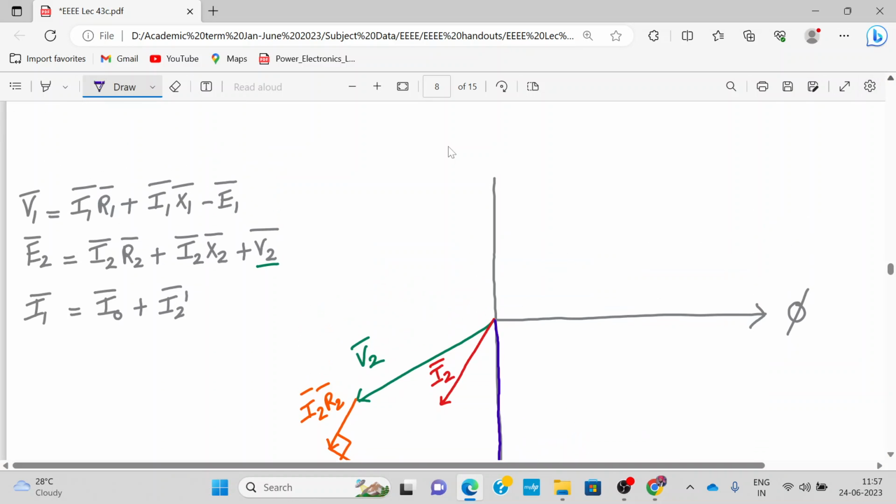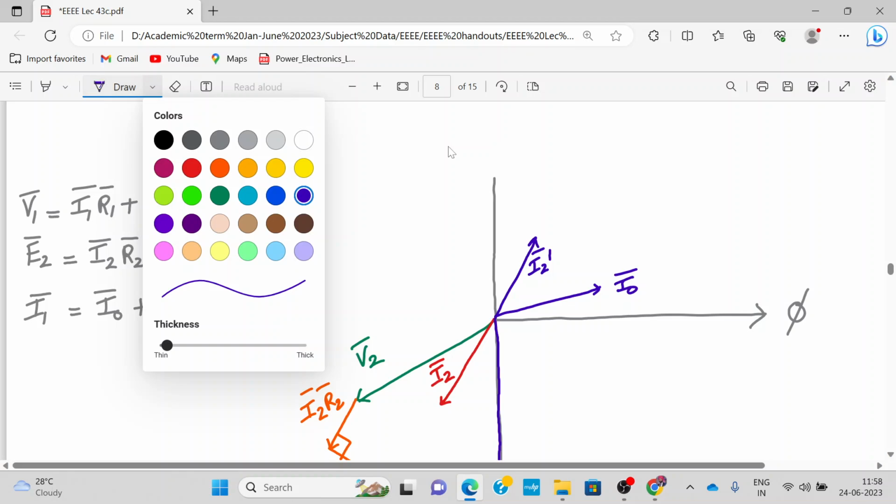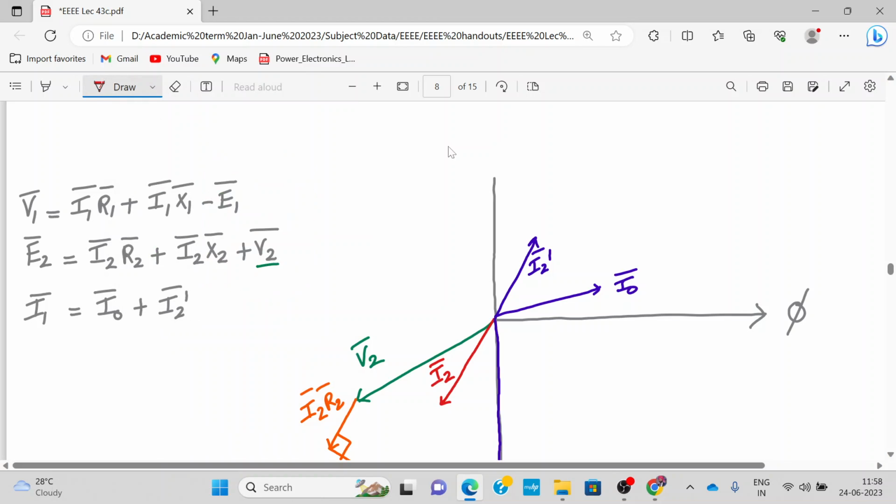The rest above 1 is very simple. Now we have drawn I2, so this will be I2 dash bar. Right, now I0 I can draw very simply. I0 will be somewhere around here, let's say. The primary current I1 is the vector sum of these two.